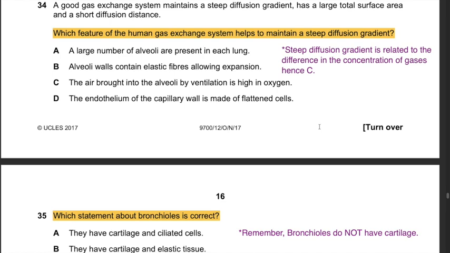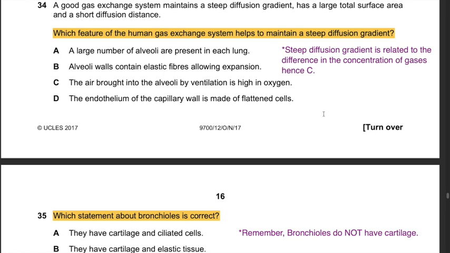That means the air brought into our alveoli by ventilation should be high in oxygen, because diffusion occurs from regions of high concentration to low concentration. So high concentration would be the air brought into the alveoli, and low concentration is the blood inside our capillaries. And what helps to maintain this steep diffusion gradient is ventilation.